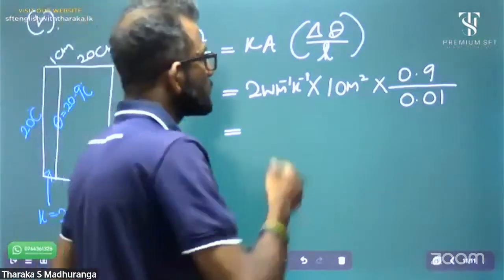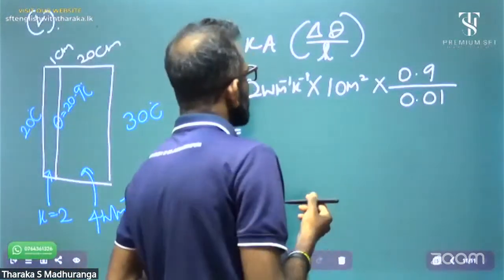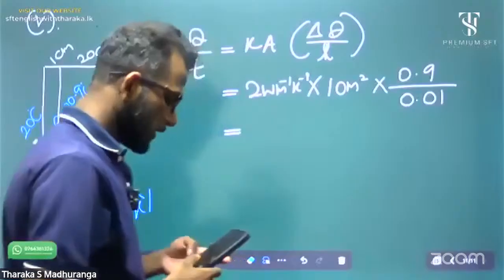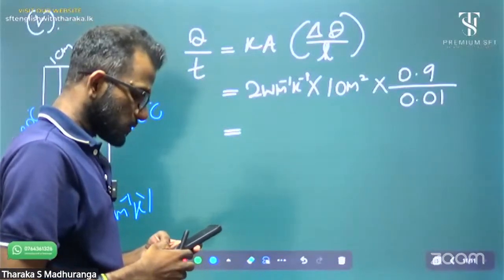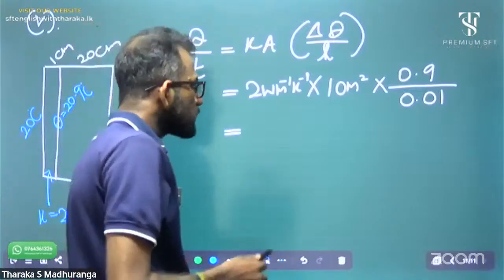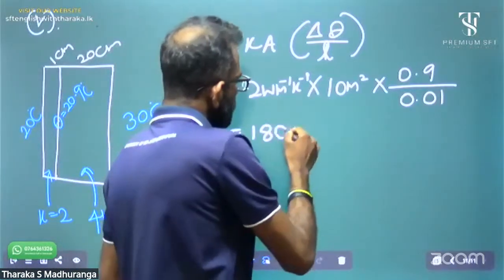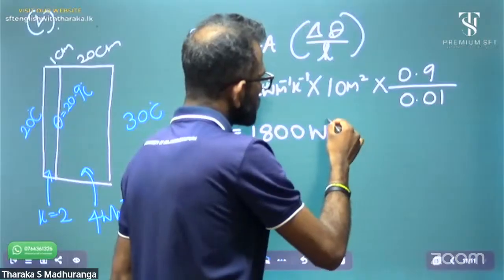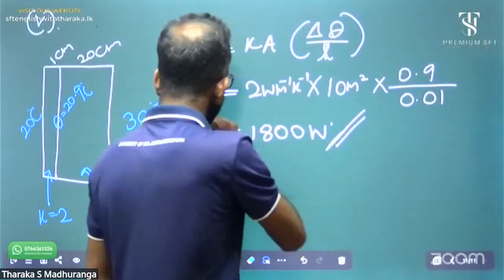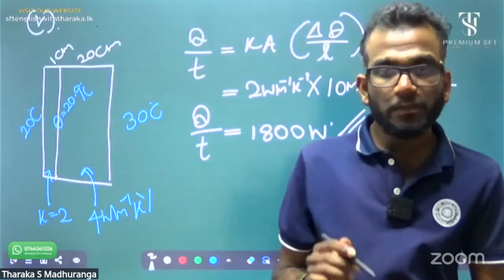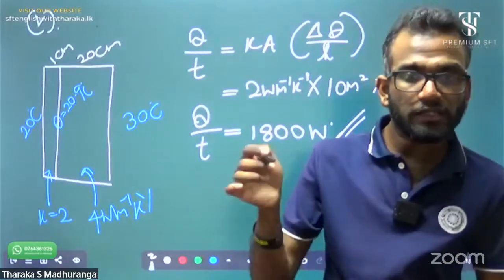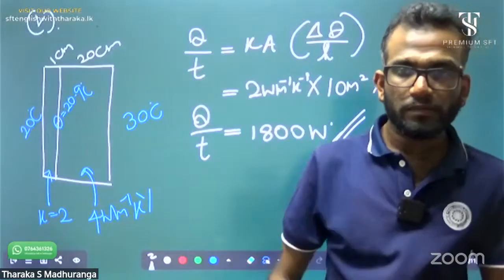10 times 0.9, it is 9. 9 times 2, 18. 18 divided by 0.01, 1800. So Q over t is 1800. What was the previous thermal conduction rate without the wooden wall?